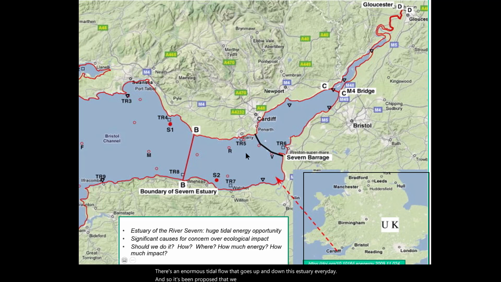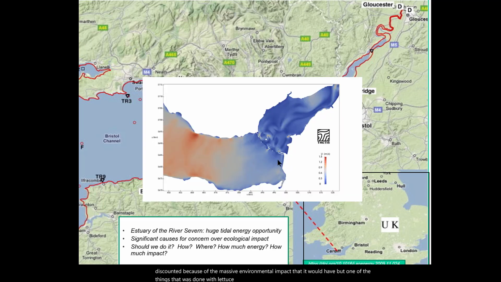And so it's been proposed that we should use this to generate electricity, perhaps even by building a barrier right across. I understand that this idea has been discounted because of the massive environmental impact that it would have. But one of the things that was done with Thetis is to try and evaluate different designs and their energy potential. In fact, also potentially their pollution or their environmental impact as well.